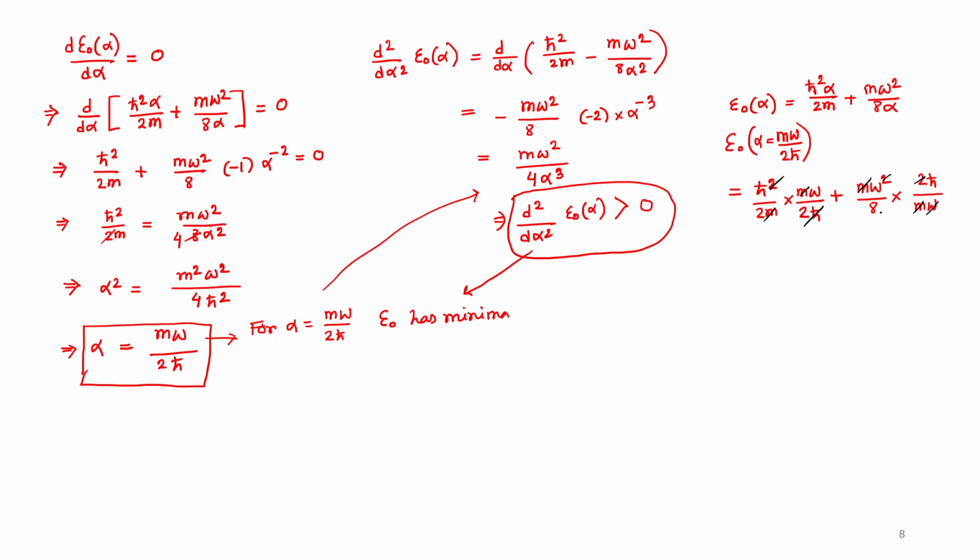So 2 into 4. So we are going to be left with h cut omega by 4 plus h cut omega by 4. And we will see that the minimum is h cut omega by 2.